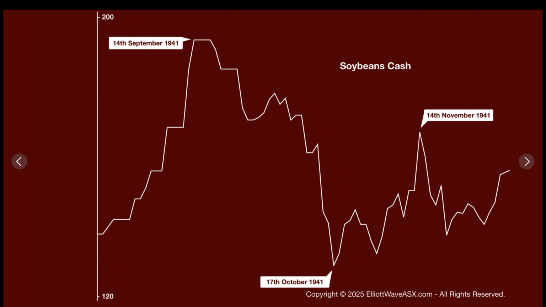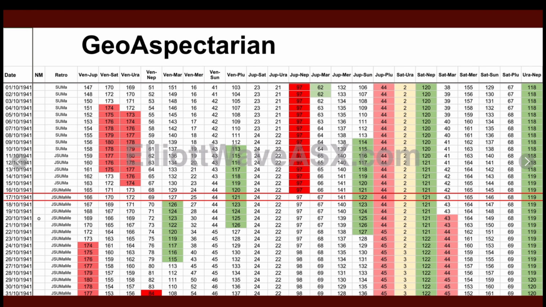Now back to Gann's Lunar Return ending pattern. If we review the Geo-Aspectarian for the low on the 17th of October 1941, we see that Venus-Mars is coming into a trine.